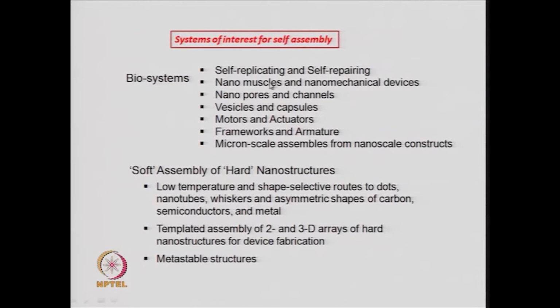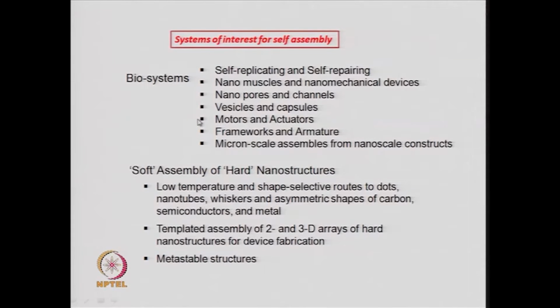You have nano muscles, nanomechanical devices, where you require the concepts of self assembly. Then there are systems in biological cases where nanopores and nanochannels are involved, vesicles, capsules, motors, actuators, they all are important in biosystems, and concepts of self assembly come in many of these cases.